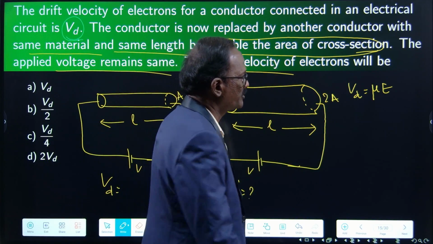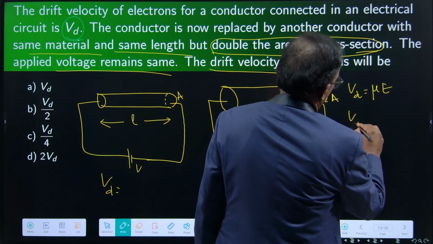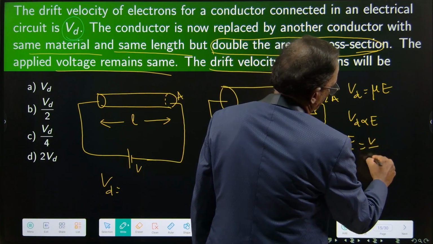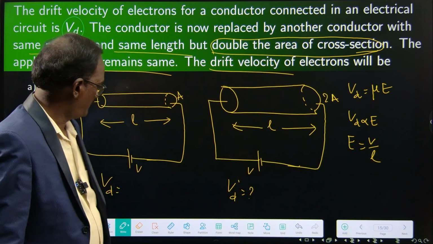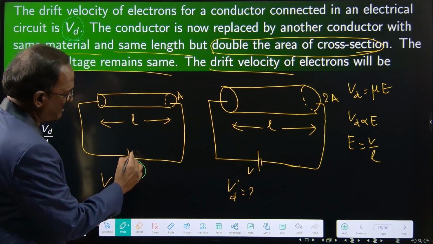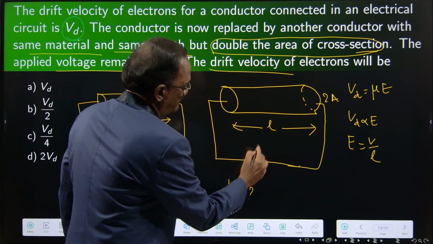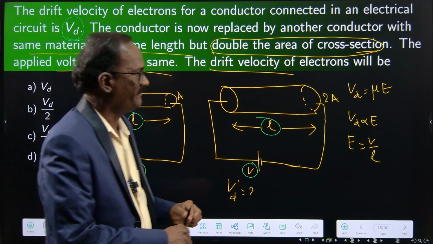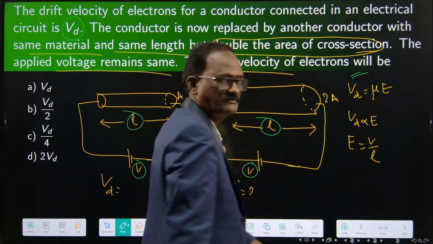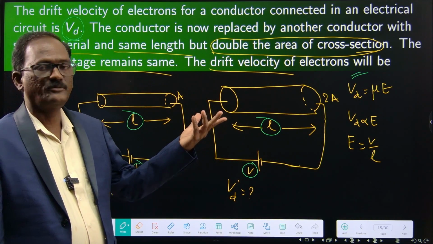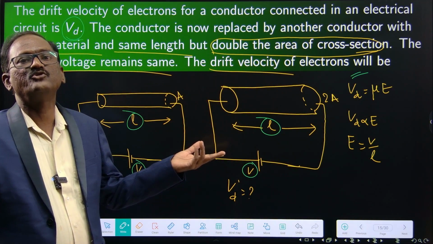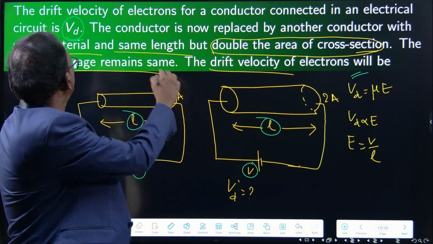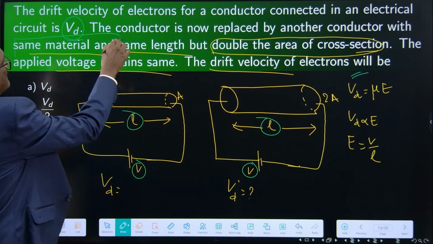VD is equal to mu E. So VD is proportional to E. E is equal to V by L. V is same, L also same. In both the cases, VD will be same. VD1 is equal to mu E, VD2 is also mu E. Mu is constant for the given same material.